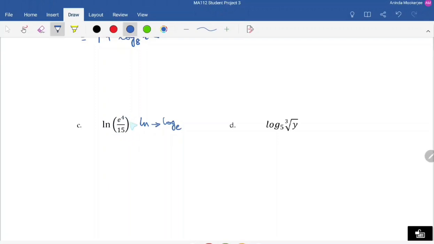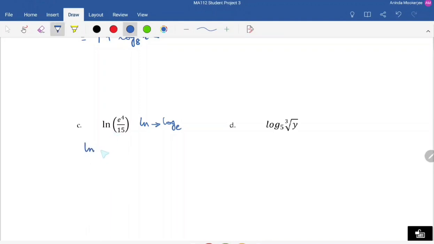Let's see how we can expand this expression here. There is also division involved, e to the power 4 divided by 15, so there has to be a minus sign when we write it as separate terms using ln.